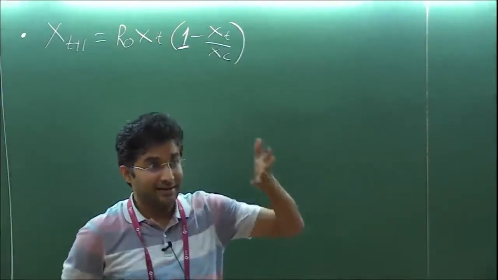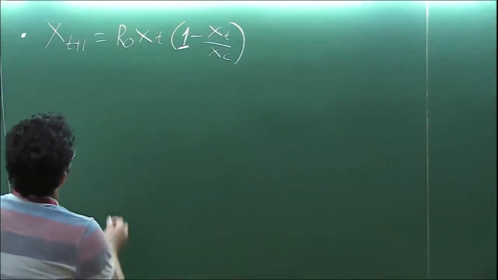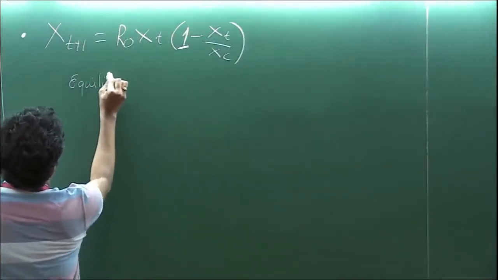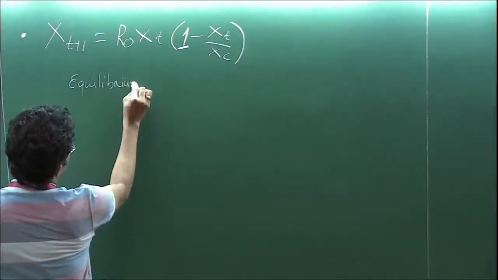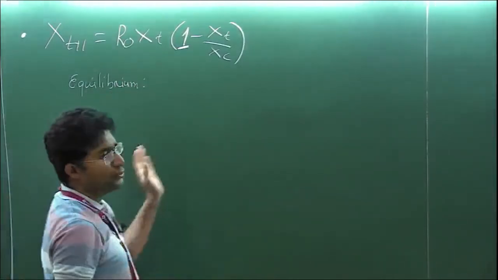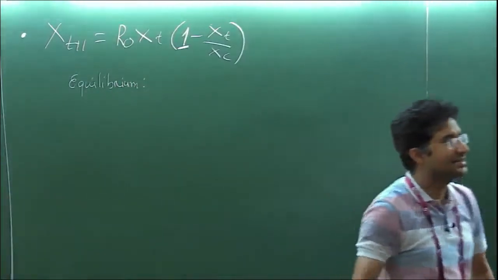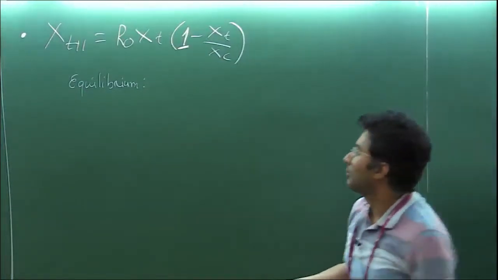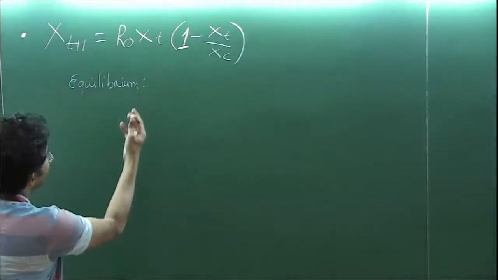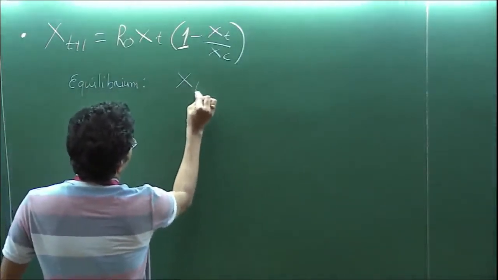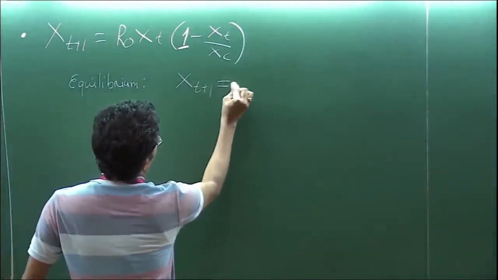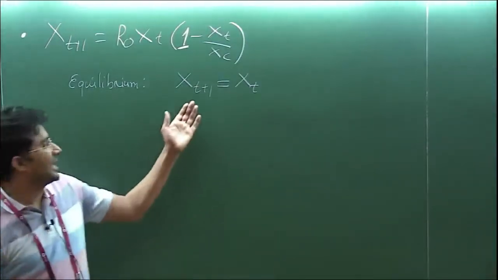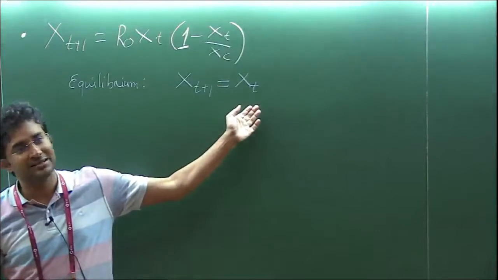So we can. When populations don't change over time, that corresponds to equilibrium, and those are useful to know. Are there instances in these models where populations don't change over time? So how do we define them? If populations don't change over time, the population at time t plus 1 must be the same as the population at time t.